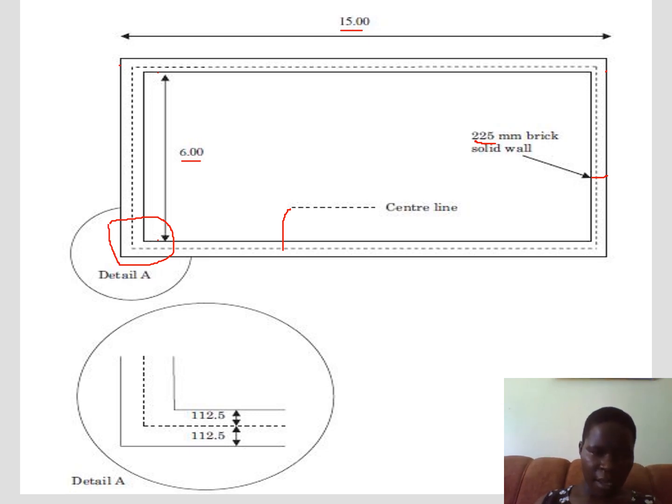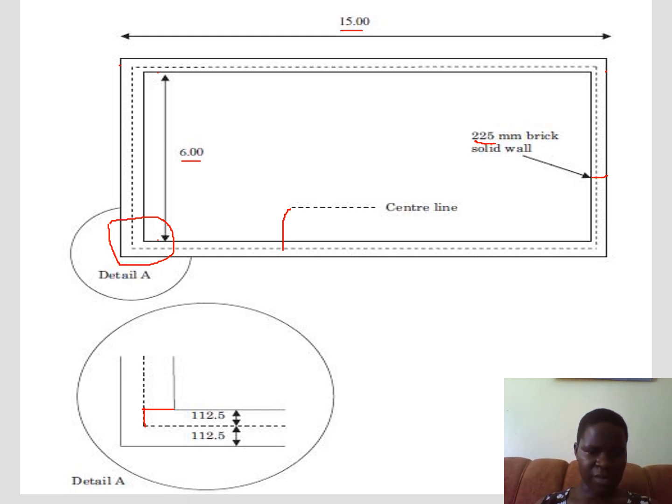Let's take this corner and have a look at it in detail. Here, if we transfer the internal corner to the center line on this side, we have it here. To get to the corner of the center line, we need to add half the thickness of the wall to our internal width.